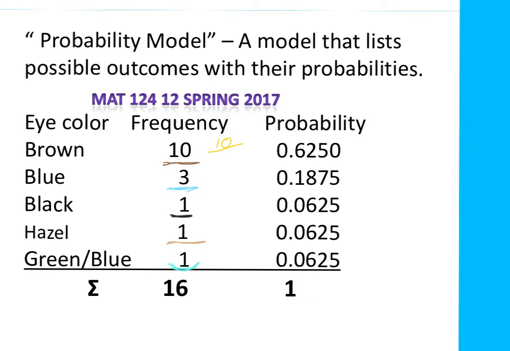It would be the frequency of the brown eyes divided by the total number in the class, 10 divided by 16. Same thing would apply with blue, 3 over 16, black, hazel, and green-blue, all 1 divided by 16, and all have the same probability of occurring.